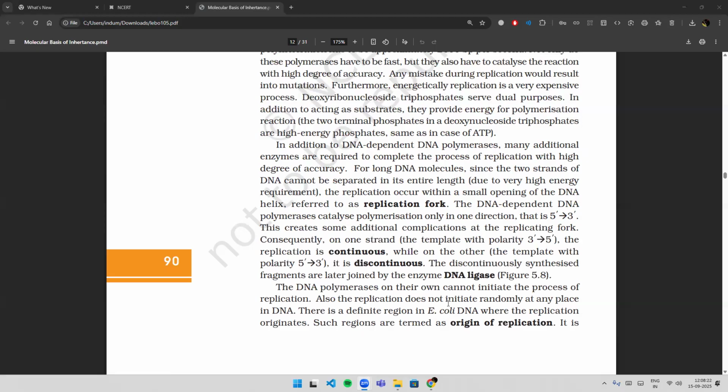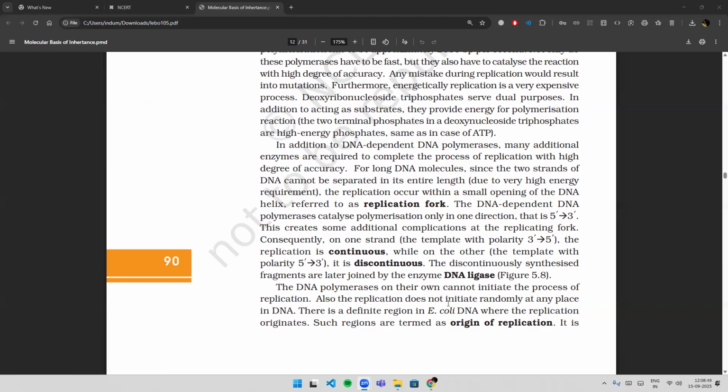This creates some additional complications at the replicating fork. Consequently, on one strand, the replication is continuous, while on the other, it is discontinuous. The discontinuously synthesized fragments are later joined by the enzyme DNA ligase. Figure 5.8.